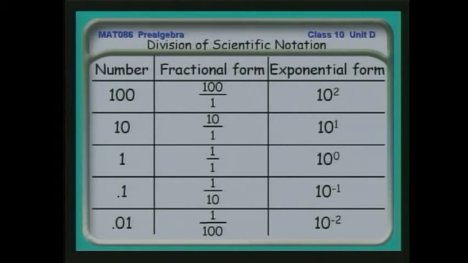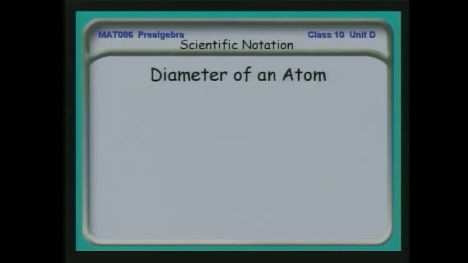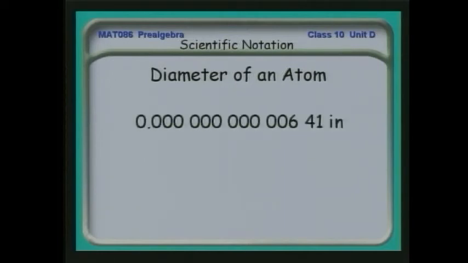And we can use this idea of numbers getting smaller and smaller, represented as 10 to a negative exponent, to deal with scientific notation for things that are very, very small. Let's, for example, take something very small. How about an atom? That represents the number of inches, the diameter of some atom. You see, it's very small.